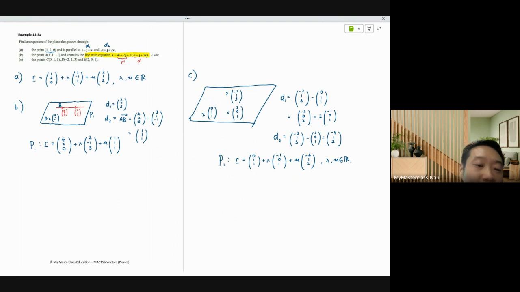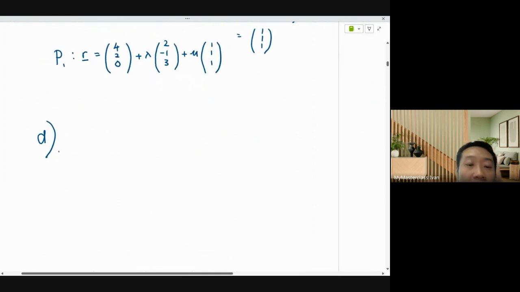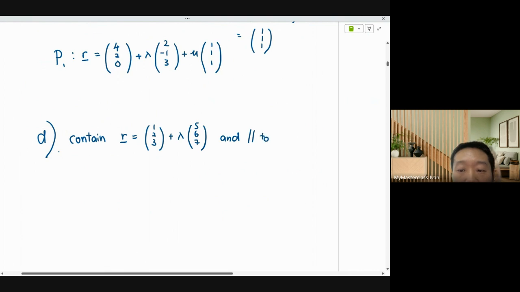So for example, you write down D. The plane contains a line r equals (1, 2, 3) plus lambda (5, 6, 7) and is parallel to another line r equals (1, 0, 1) plus mu (8, 9, 10).